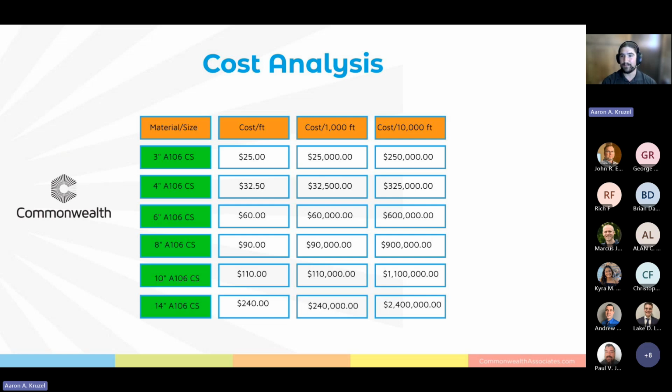I believe a simple or combined cycle 300 megawatt power plant has upwards of 100,000 feet of pipe. It can have massive amounts of pipe, and that cost adds up. And that's not just the piping itself, it's the valving that goes with it, and the different pieces of equipment that you're driving this compressible fluid through.